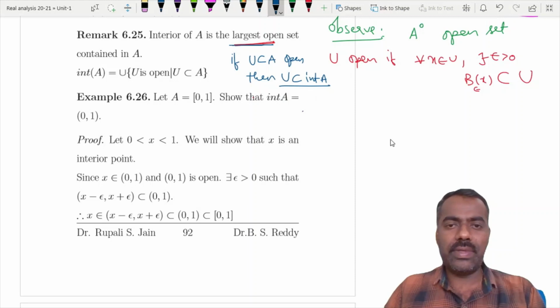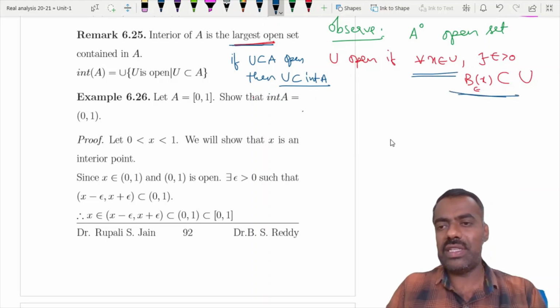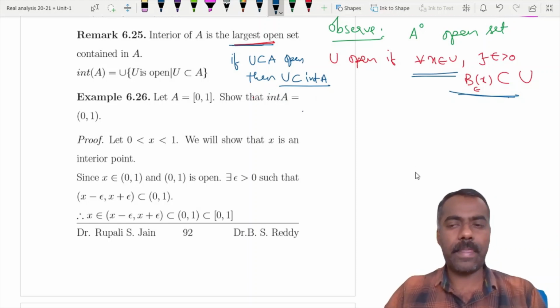One can easily prove that if U is an open subset, then every element here is also here. That follows clearly from the definition, because B(X, epsilon) is contained in U, which is contained in A, so X has to belong to the interior of A, right?